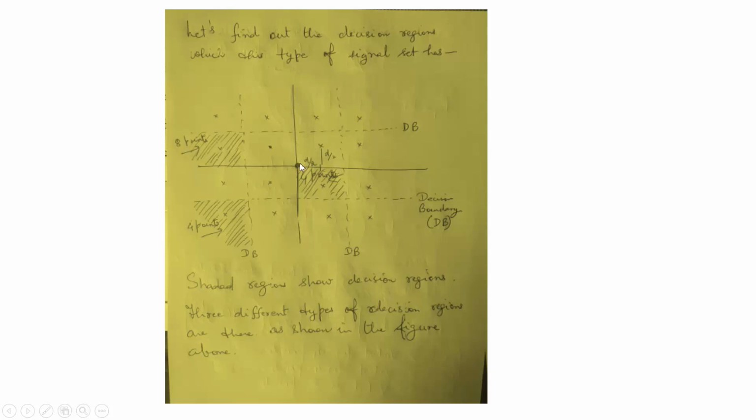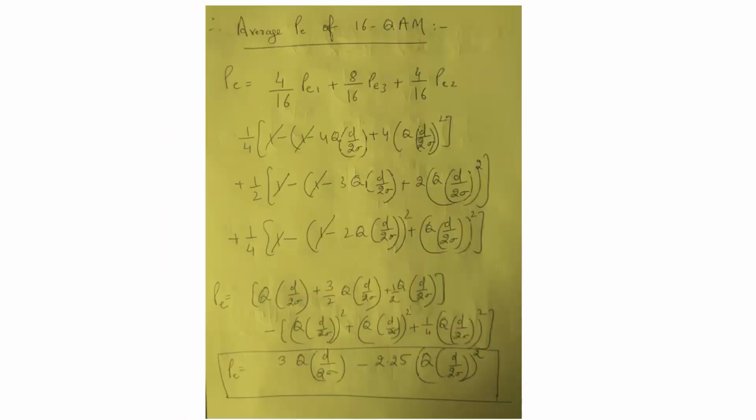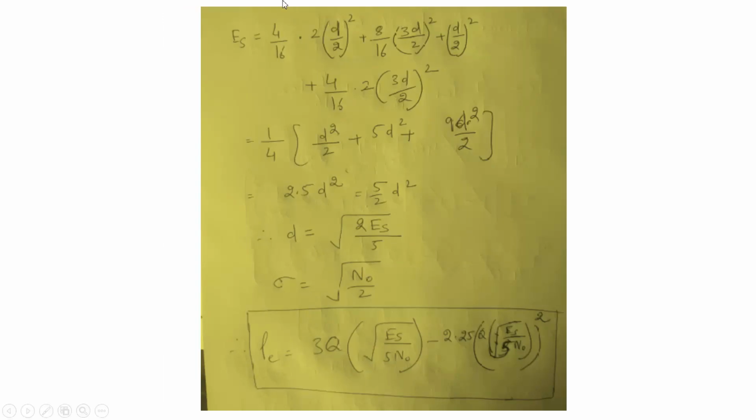So that will be the distance from the origin, and we will calculate the distance of each point from the origin and try to calculate the probability of error in terms of the energy.